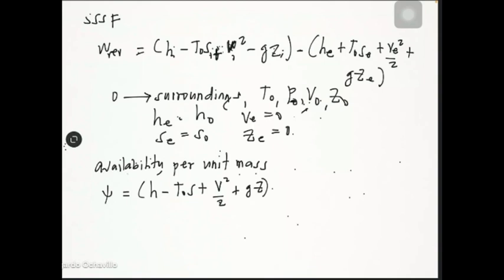This is the exergy, or the availability per unit mass of the system. We consider the surrounding temperature. Okay, U minus U0 here.